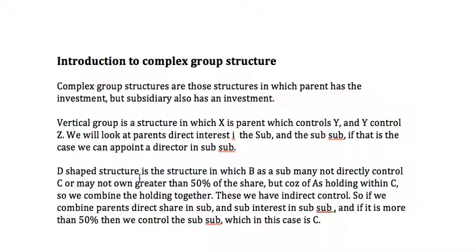D structure, on the other hand, is a structure in which B as a subsidiary may not directly control C or may not own greater than 50% of the share. I'm talking about the parent company here.